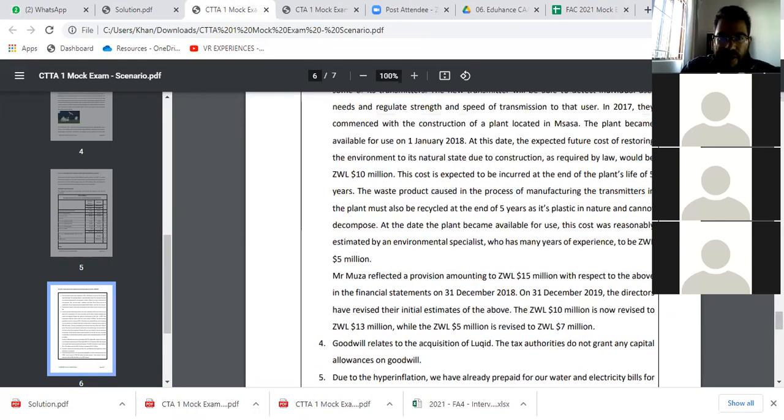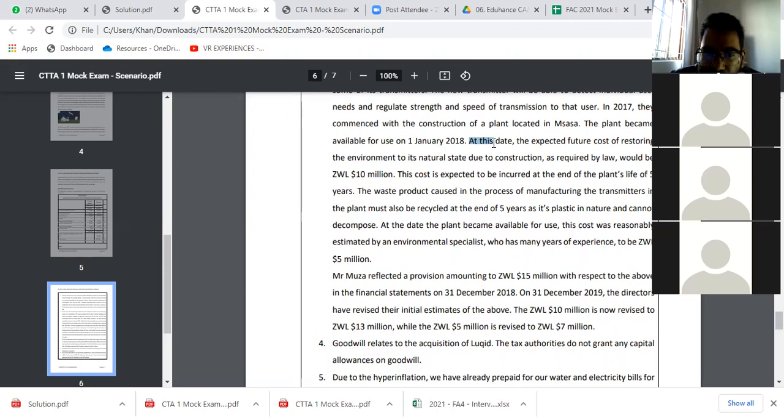So just go to note number 3. They said, at this date, the future expected costs of restoring the environment to its natural state due to construction, as required by law, would be 10 million. This cost is expected to be incurred at the end of the plant's life of 5 years. Okay, at this date, in January 2017, they commenced with the construction of a plant located in Masasa.